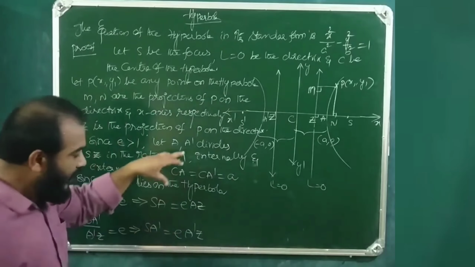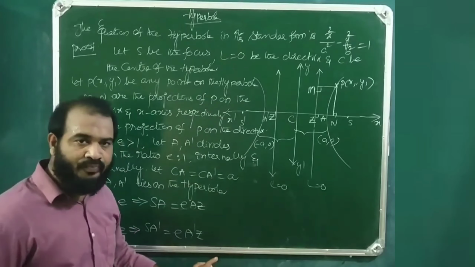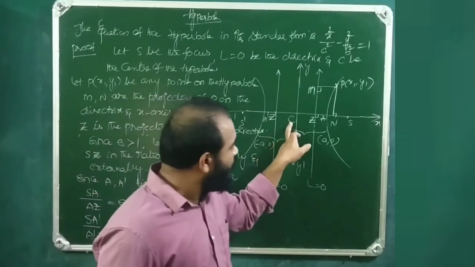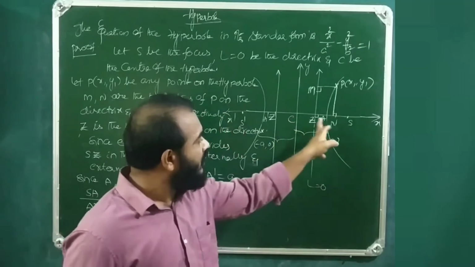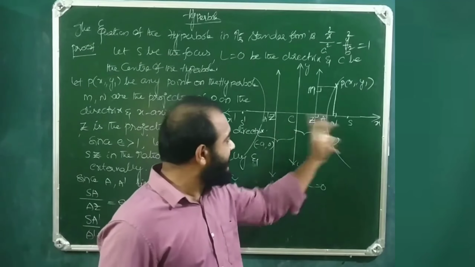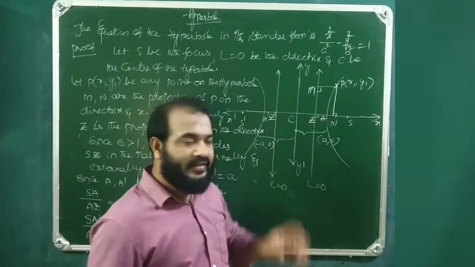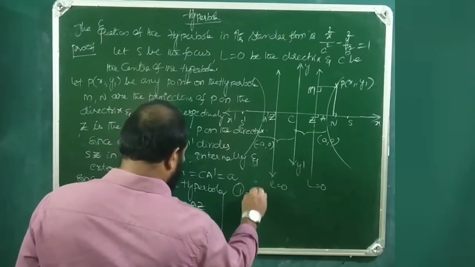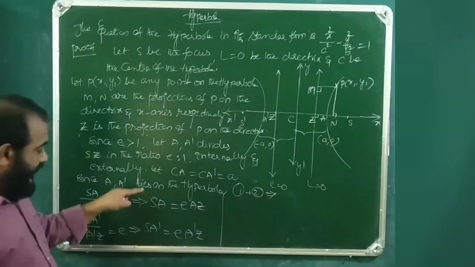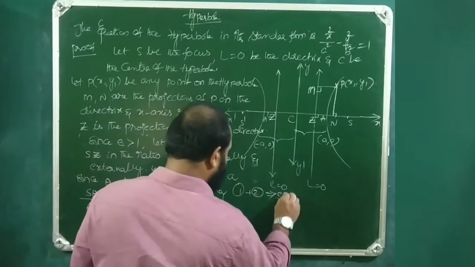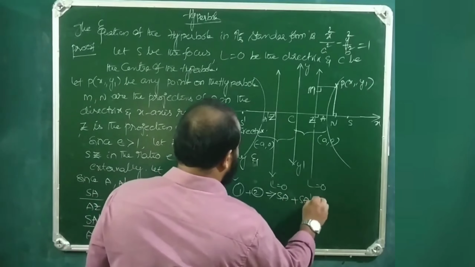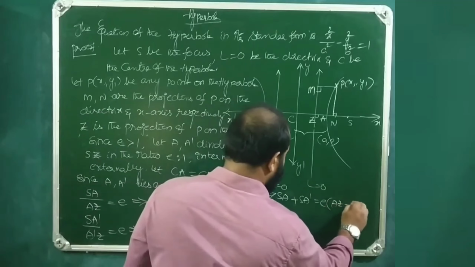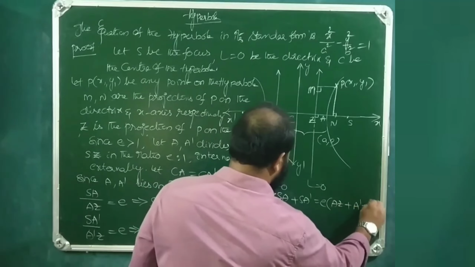Now 1 plus 2 gives rise to SA plus SA dash is equal to E into AZ plus A dash Z.